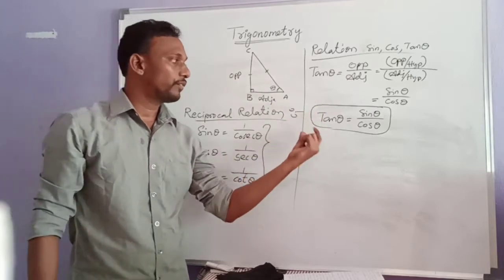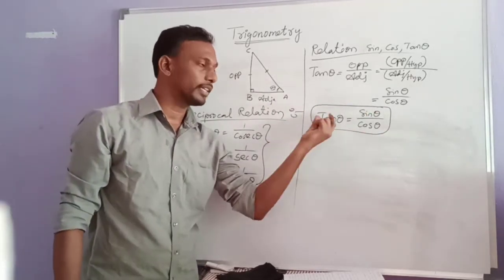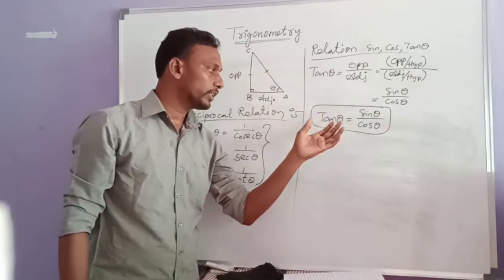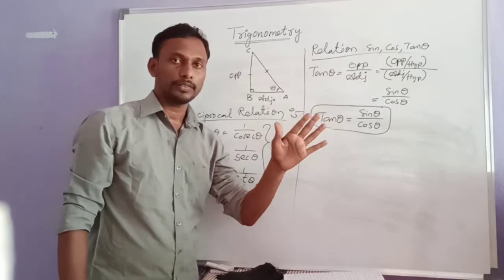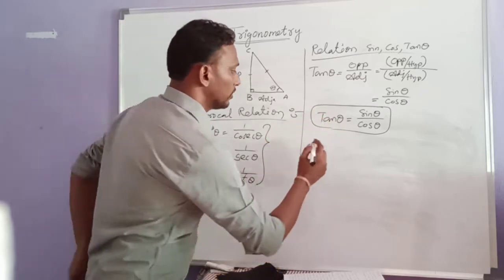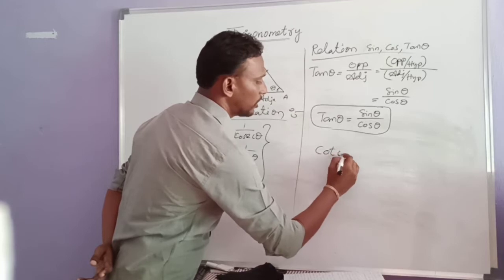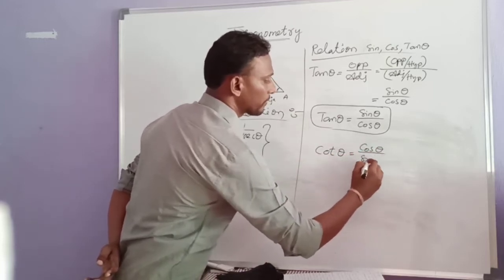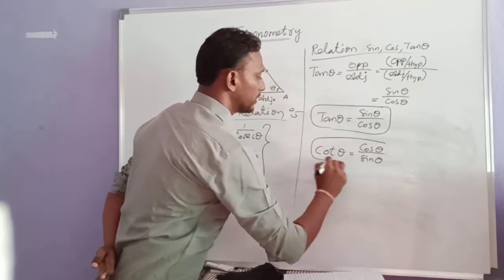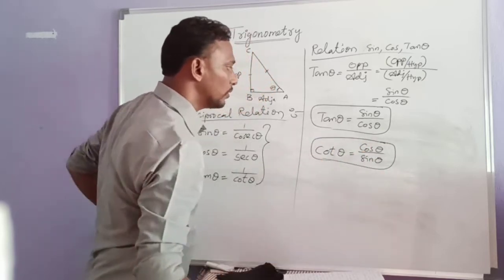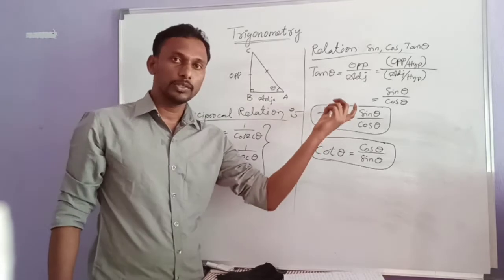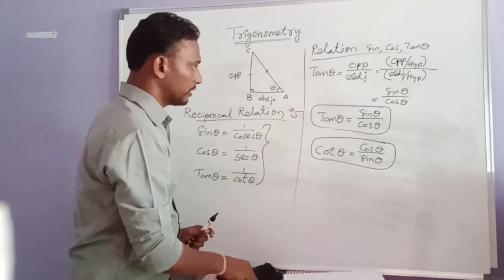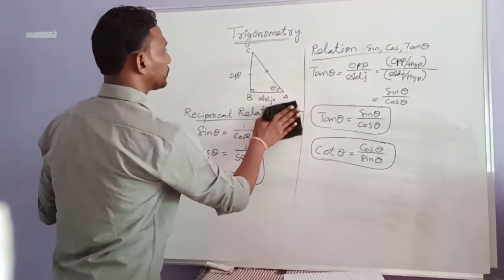So like this we can form the relation between sin, cos and tan theta, and we know that tan theta is the reciprocal of cot theta. So from here, cot theta is equal to cos theta by sin theta. In some simplifications we will use this relation.